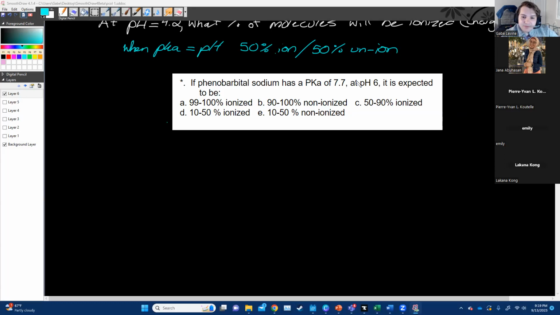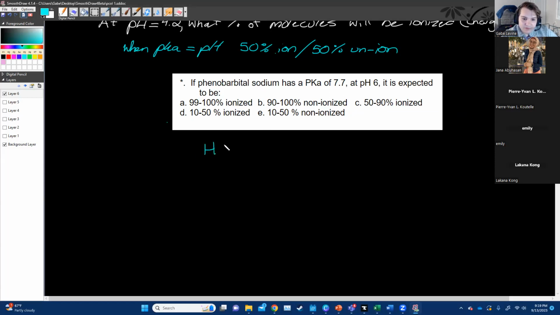So what I will tell you is here we have an acidic drug, phenobarbital. So we know that acidic drugs are described by this formula. And so we know that pH will always follow wherever we put that H plus. And so we can put the pKa on the opposite side.